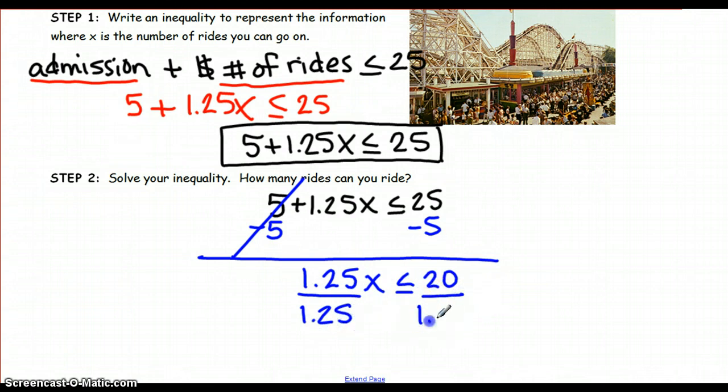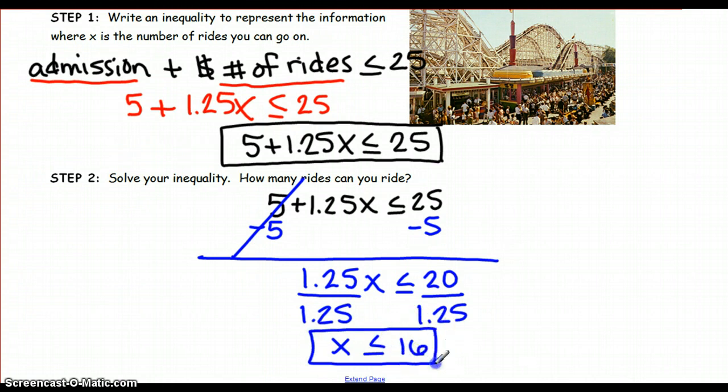And when we do that, let me check the calculator. 20 divided by $1.25, we get 16. So x has to be less than or equal to 16. So what we're saying here is that the number of rides we go on has to be less than or equal to 16 rides.